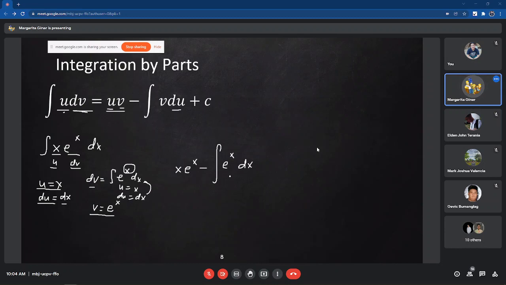Okay, again, una ang antiderivative nito. What is the u? X. Ang du is equals to dx. So, this will become x e raised to x, minus this. Ay, wala ka namang imu-multiply. So, still, e raised to x plus c.